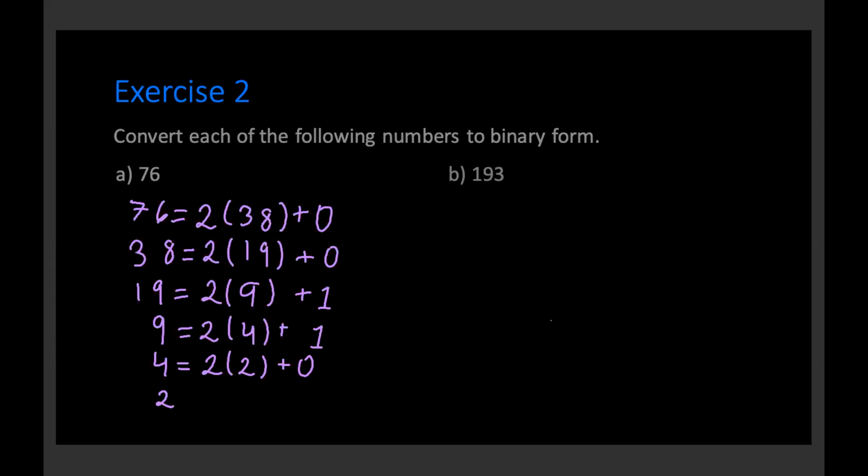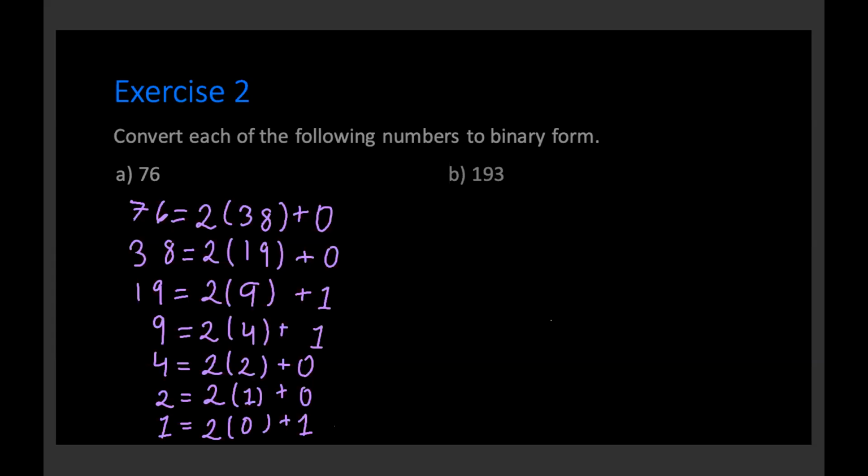And then we can bring this 2 down. 2, and that's 3 times 1, right? So we're getting there. We have 0 here. And then finally, we bring this 1 down, which is 2 times 0 plus 1.